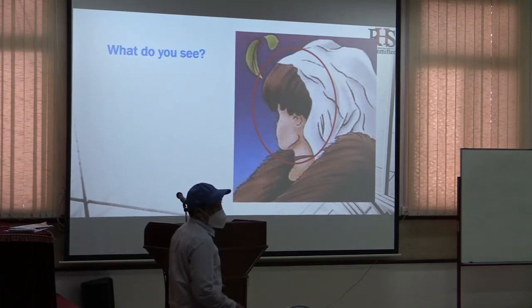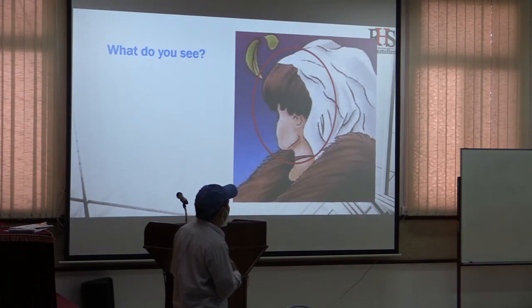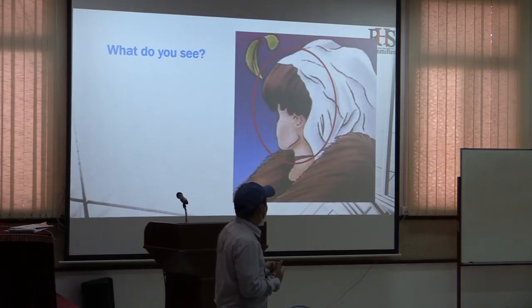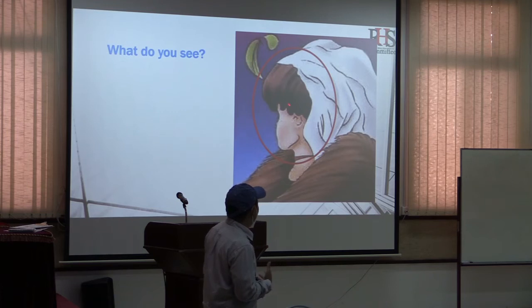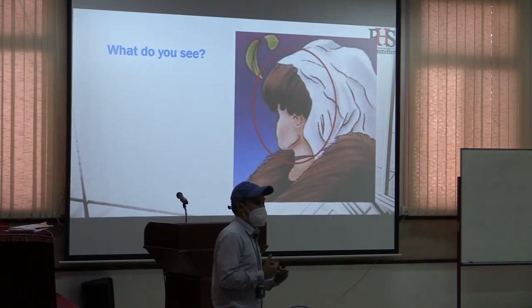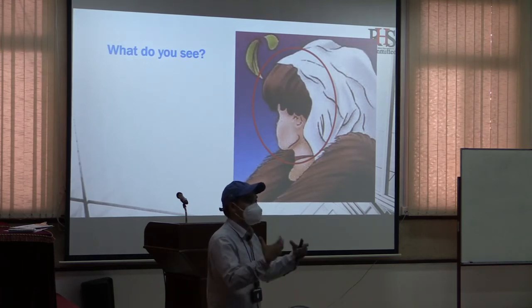The nose of the old woman becomes the chin or the jaw of the young woman. Whereas the eyes of the old woman become the ears. Then you have this, still the hair for the young woman, then you have the feathers for the headdress for that particular woman. So it is dependent on how you look at that.